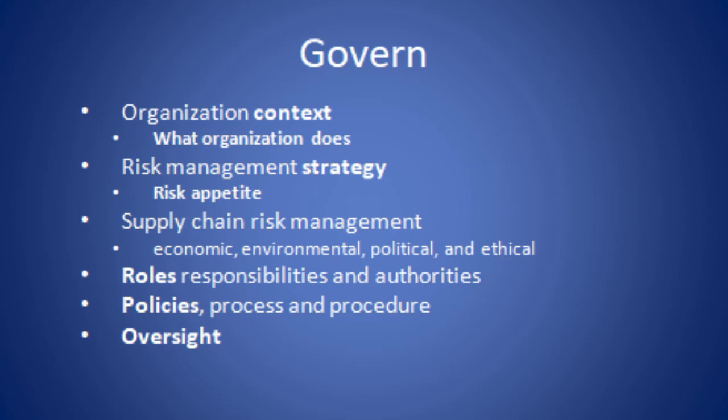The next stage is govern, and govern starts with the context of the organization. The context of an organization refers to internal and external factors that influence its purpose, strategy, and operations. The internal context includes the organization culture, capabilities, resources, the structure of the organization, and internal stakeholders.